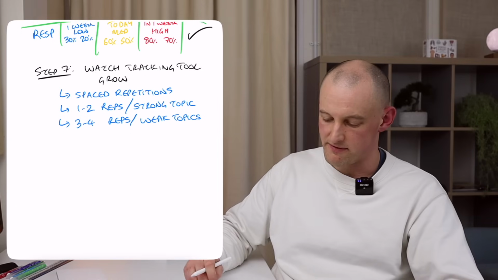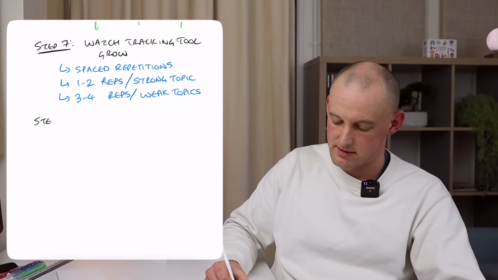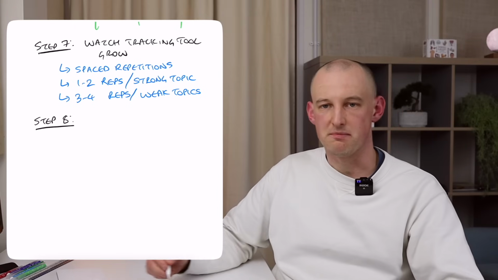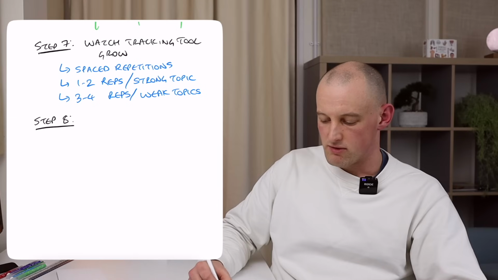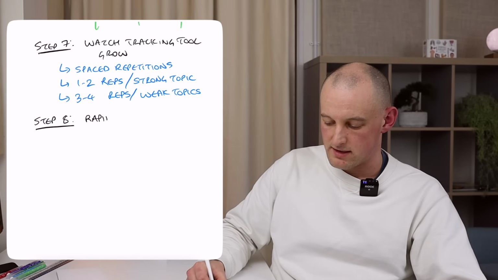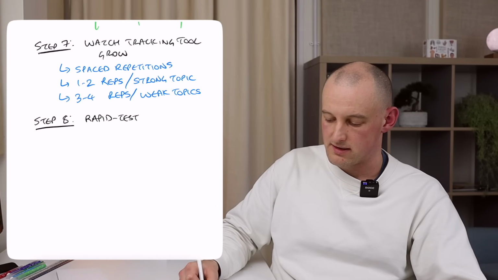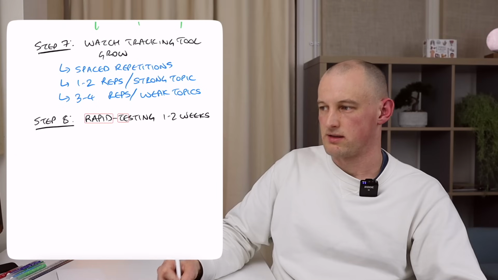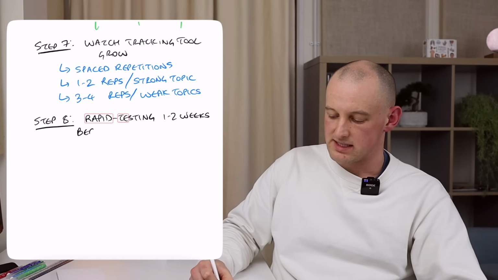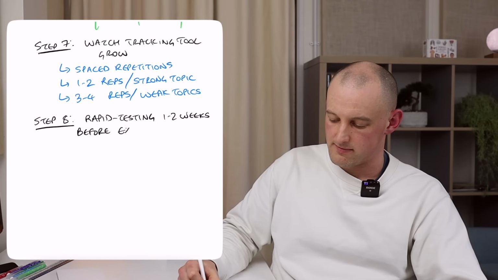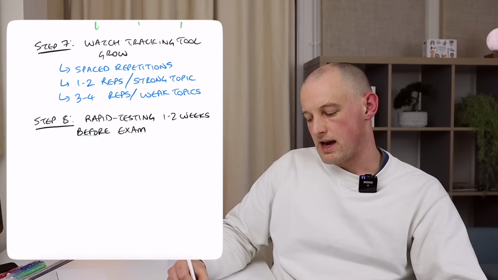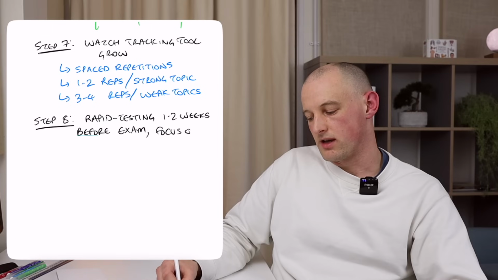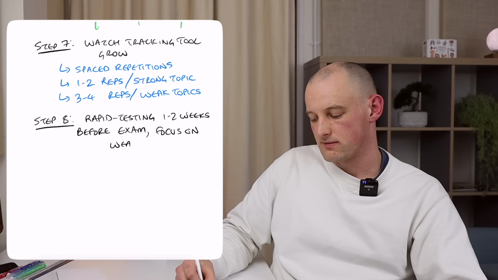Then the next step, the final step, which I need to make a whole video about, is rapid testing 1 to 2 weeks before your exam. And your focus is on weak areas.